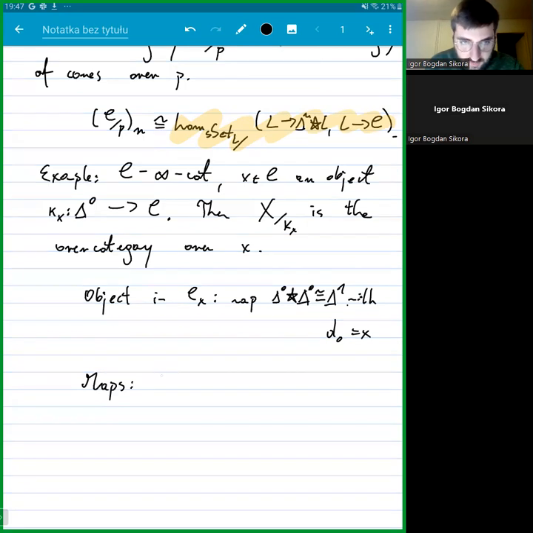Well, they are two simplices, so joins of one simplex with a zero simplex of this form.